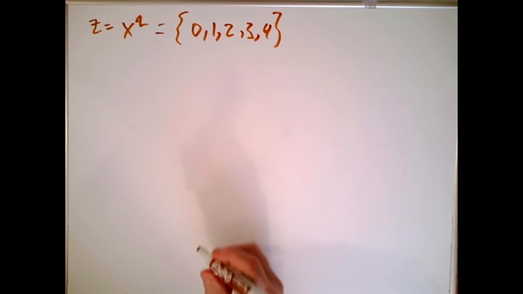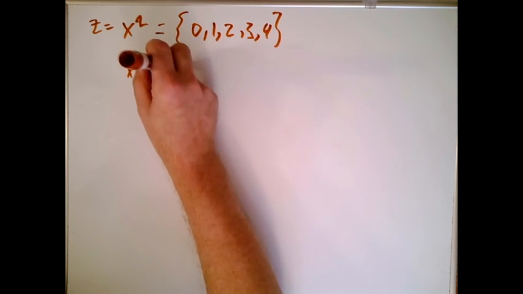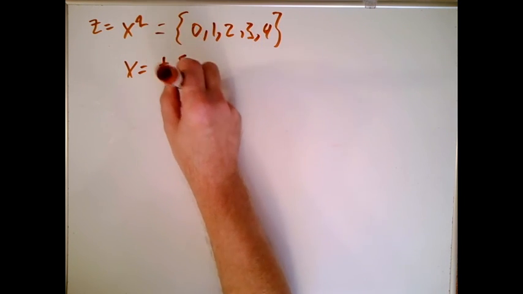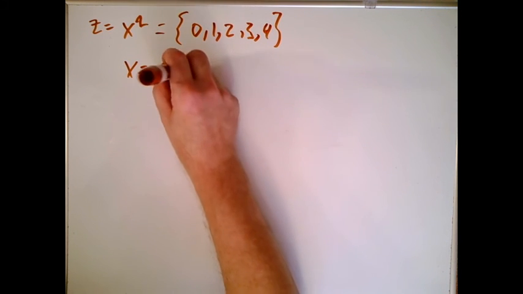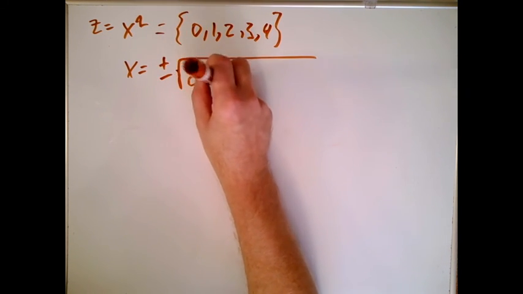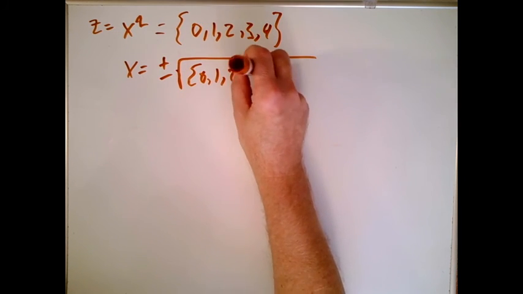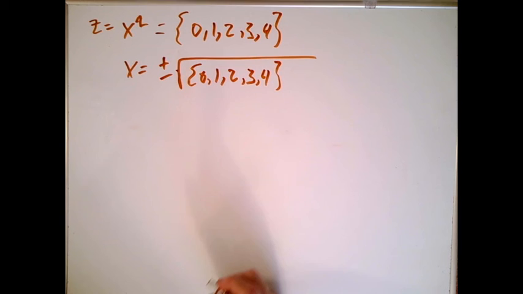I'm just going to take the square root of both sides. So I'm going to write down x equals plus or minus the square root of every one of these numbers, and just see what we think we're going to get.